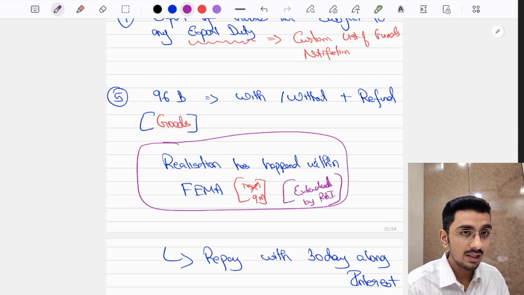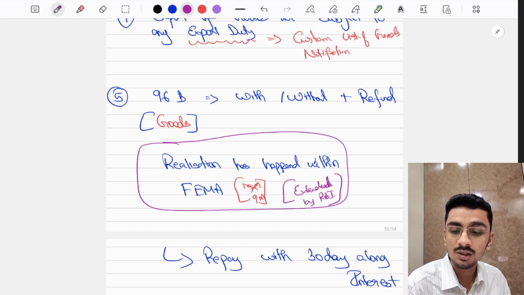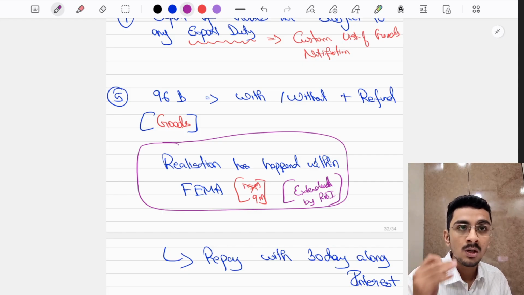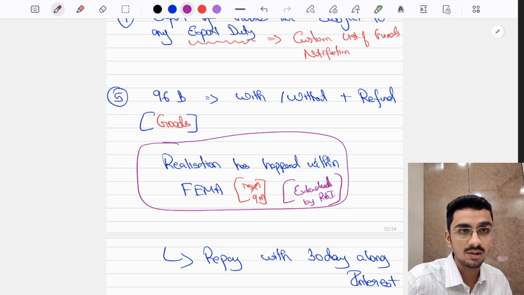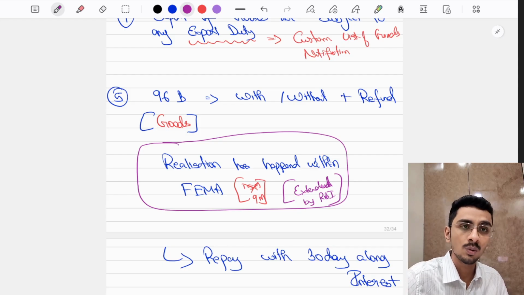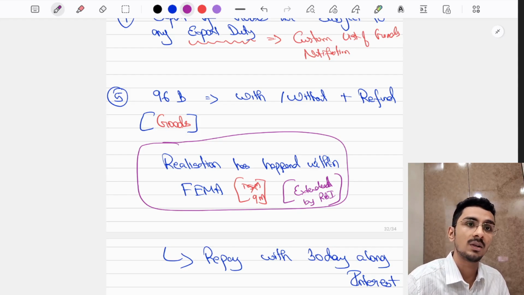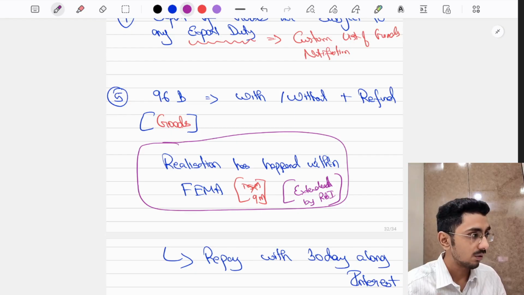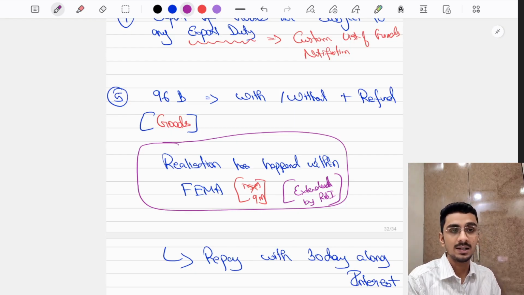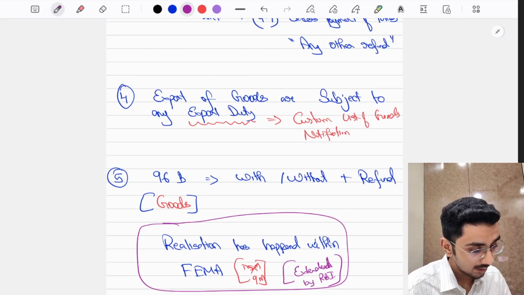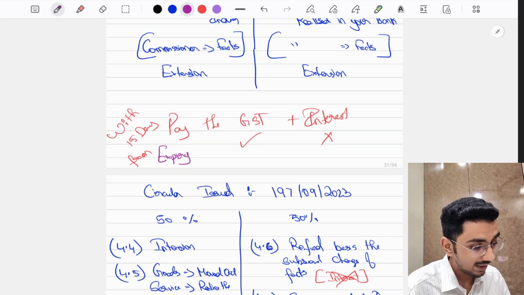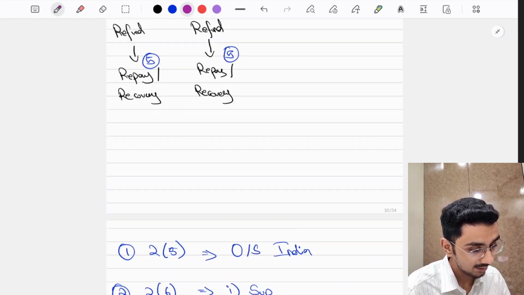The earlier condition in 96A was getting an extension from the jurisdictional commissioner, the head of the jurisdiction you belong to. You can go to him or her, explain your facts, and based on your facts, they can develop an understanding. Once this condition is done, it looks like every condition has been covered.